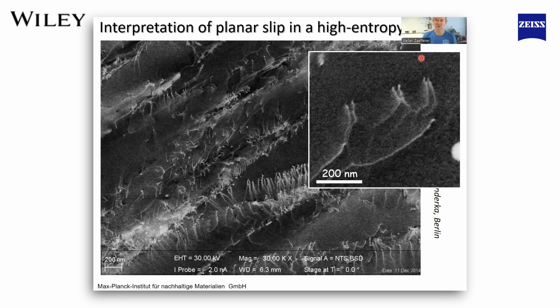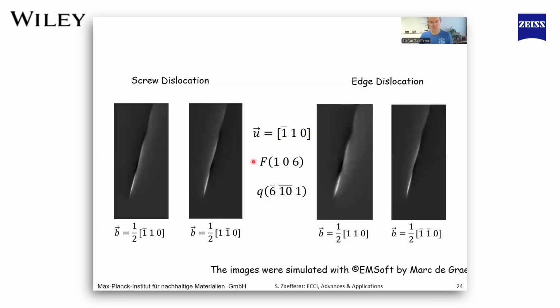So from the appearance of this dislocation contrast, we could conclude what kind of dislocations we have here. Do we have short range order, long range order in this material? Is it really a high entropy alloy, for example? And we can use a software, EMsoft, which has been published by Marc De Graef, which allows us to calculate, under certain conditions, the contrast of these dislocations.